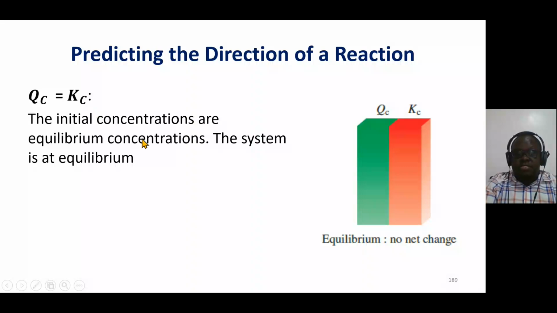What that means is that the initial concentrations are also equilibrium concentrations. So the system is at equilibrium. In that case, you're not going to have any net change in the reaction. It does not favor either side of that particular reaction.